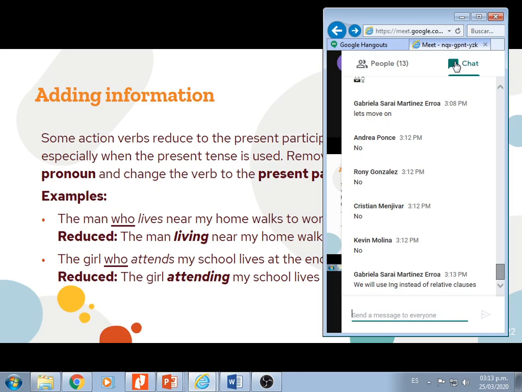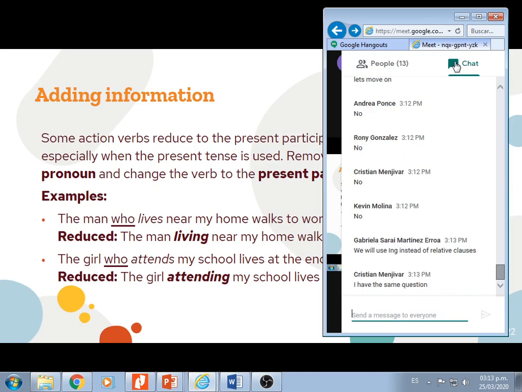So you can say the woman having 3 children is my mother. So it's going to be like that. Will you use ing? Yes. You're going to use the ing, but just in the case of reducing the information and if you're talking about the same person. Okay?